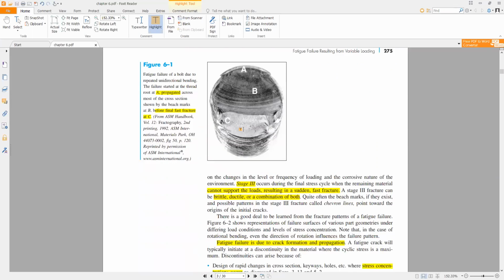How about stage three? Stage three is the final stress cycle, where the part cannot support the load anymore, and it fractures very fast.